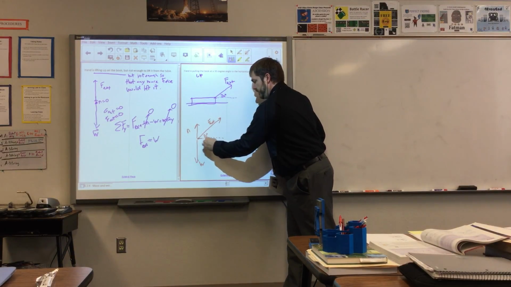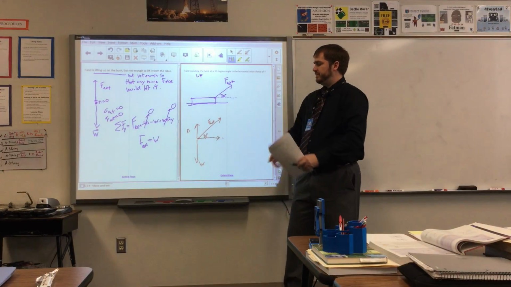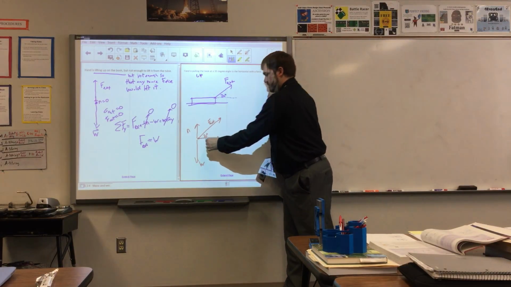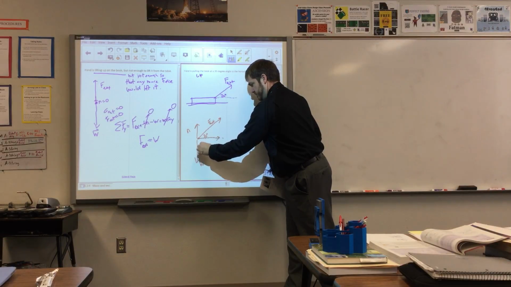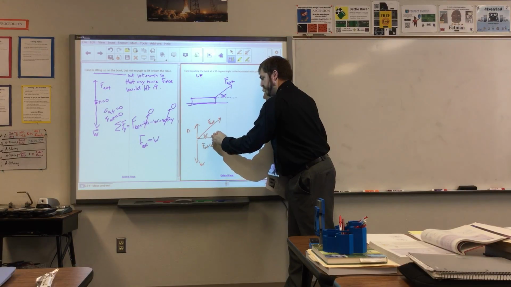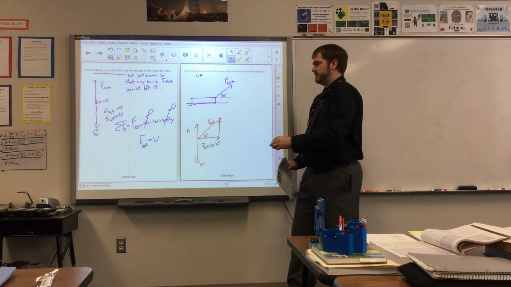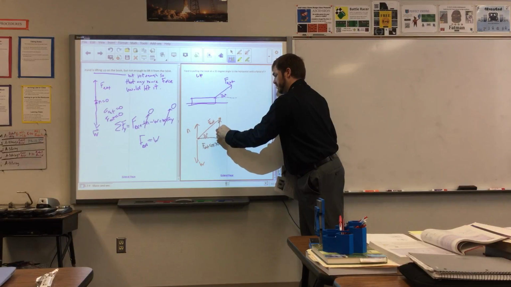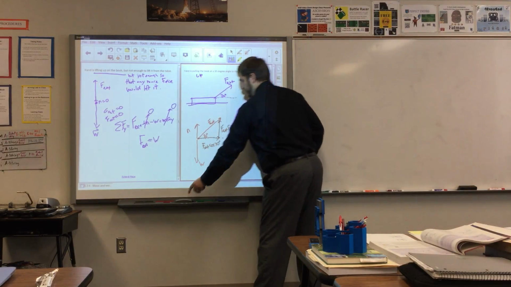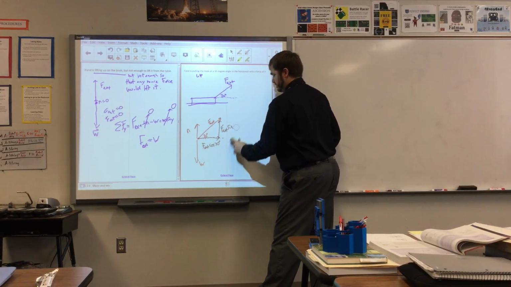So, anybody know what's the value of the horizontal vector? Cosine 30 times the force. Okay, so F external cosine 30, and the y component, F external sine 30 degrees.